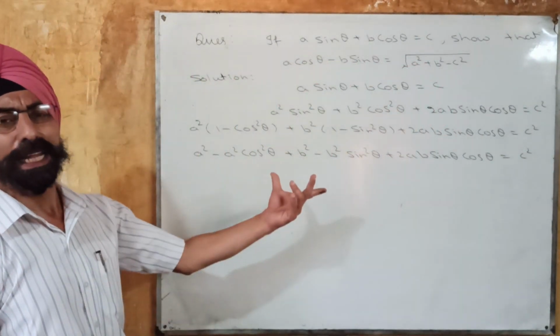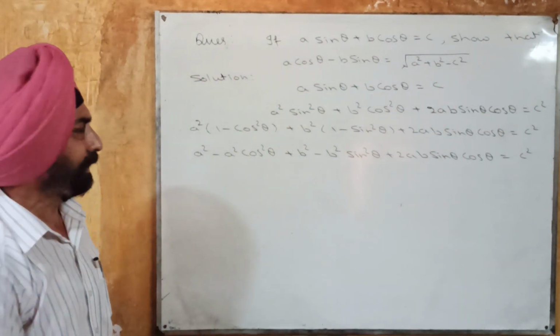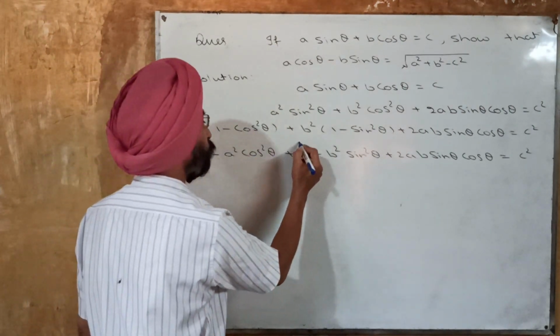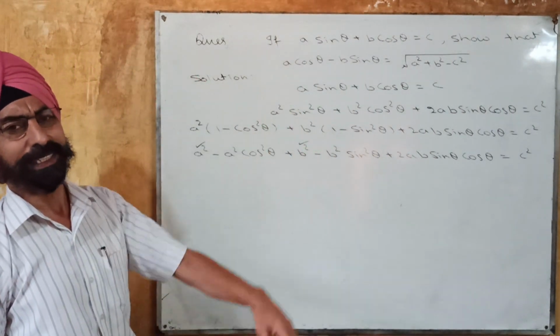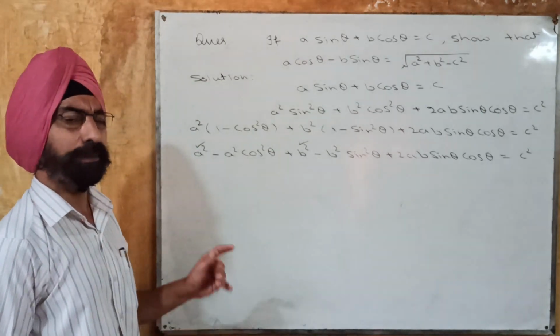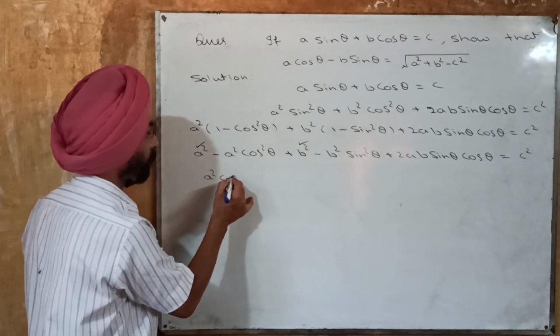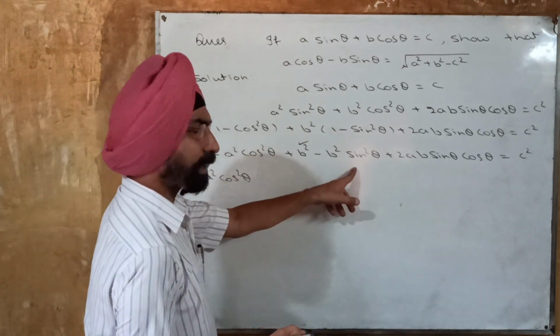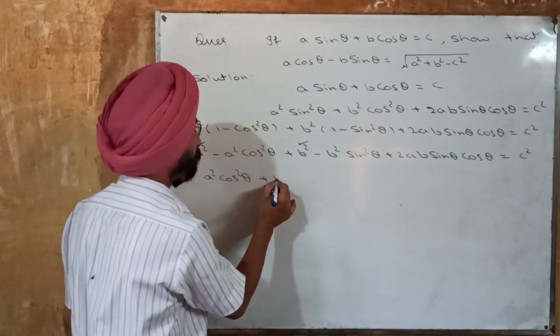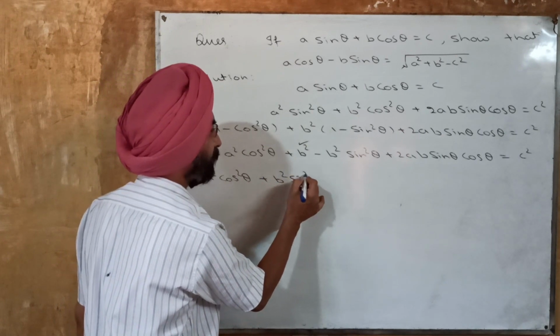Now multiply both sides by minus 1 and take these two terms to the right hand side. So when you multiply by minus 1, this term will become a square cos square theta. This term will become plus b square sin square theta.